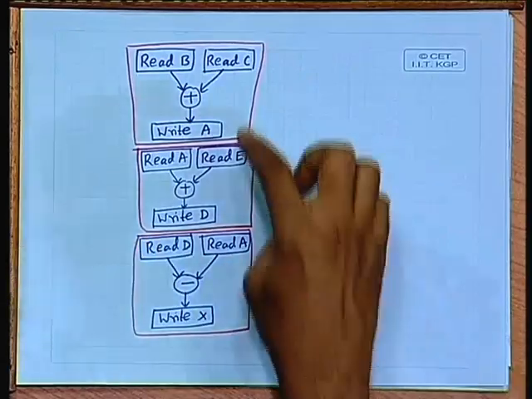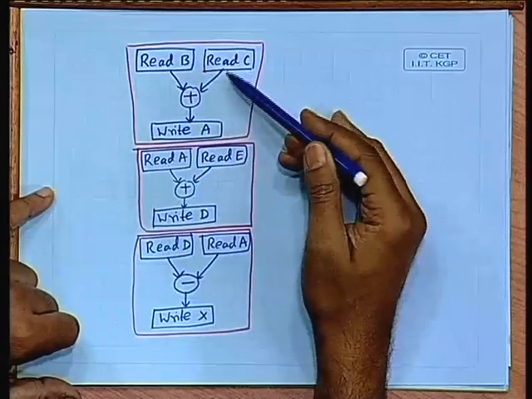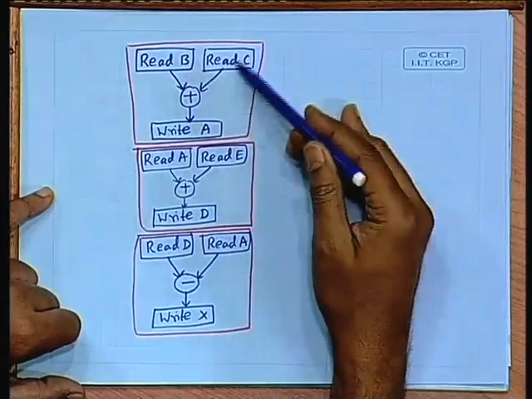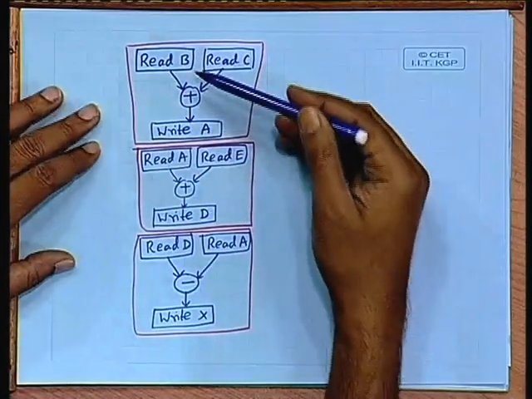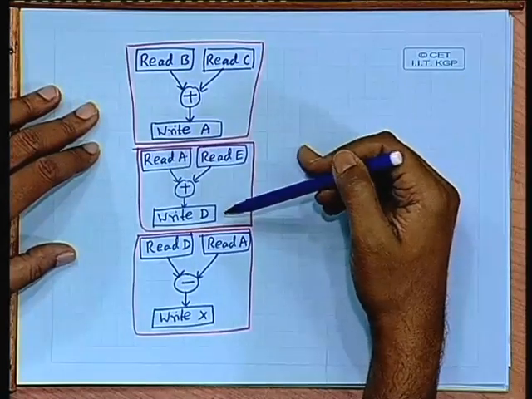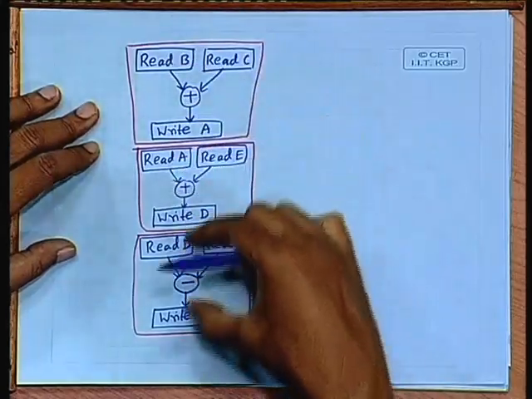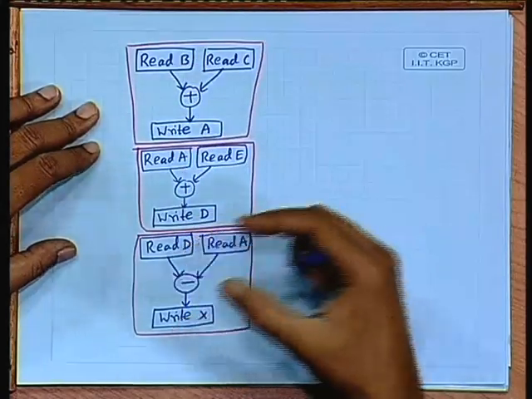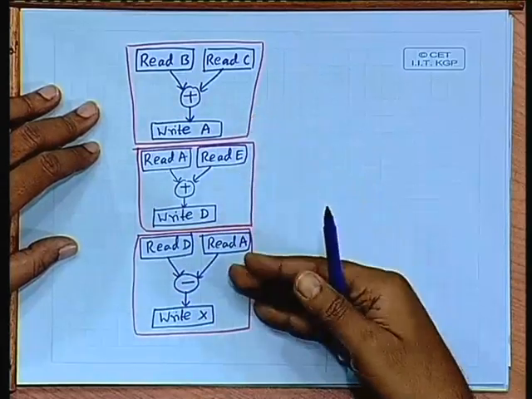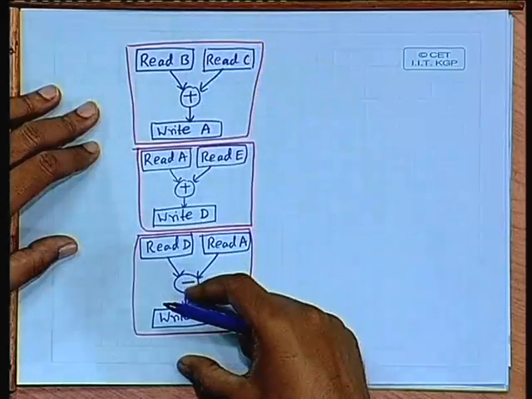These are the 3 statements corresponding to which these are the data flow graphs. This is called the data flow graph. This shows how data flows through the operators. And another thing, these are the individual data flow graphs for the 3 statements, but we have not mentioned anywhere that these 3 statements have to be executed in sequence.